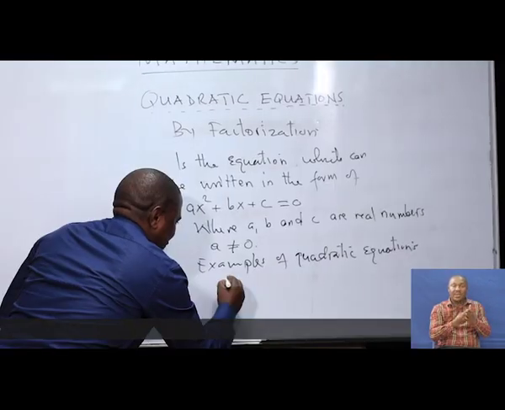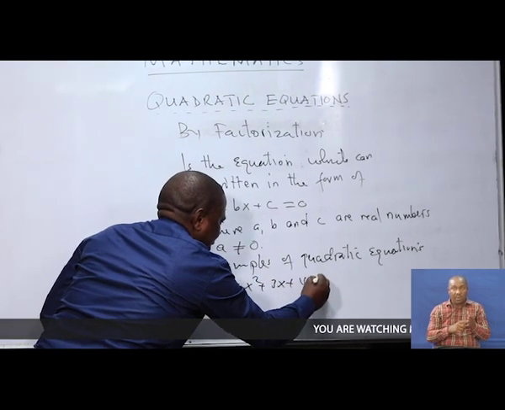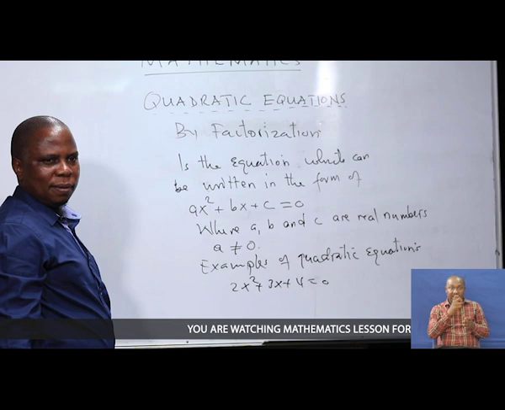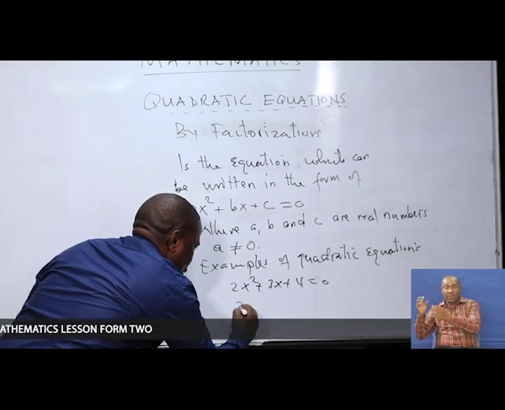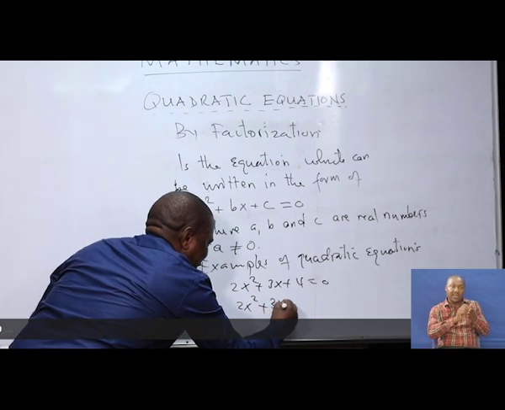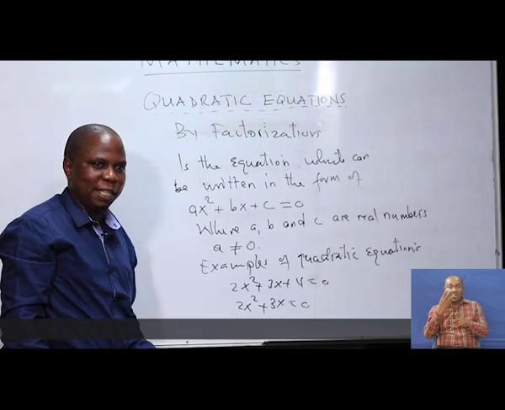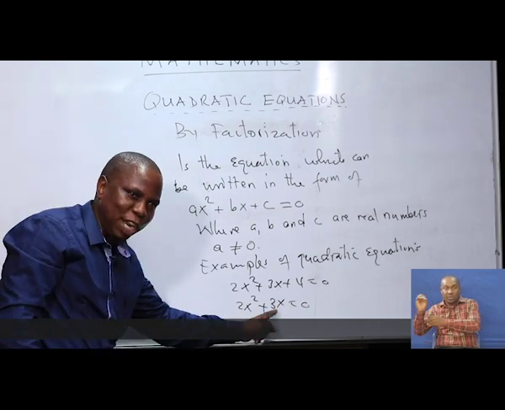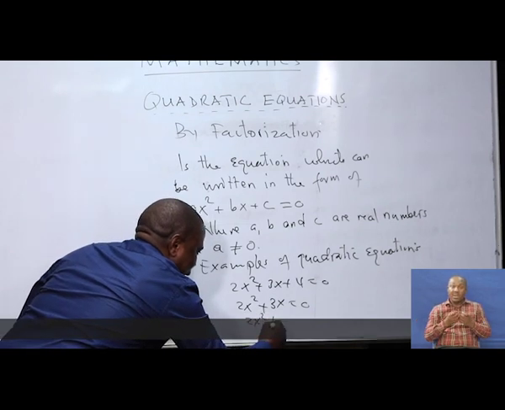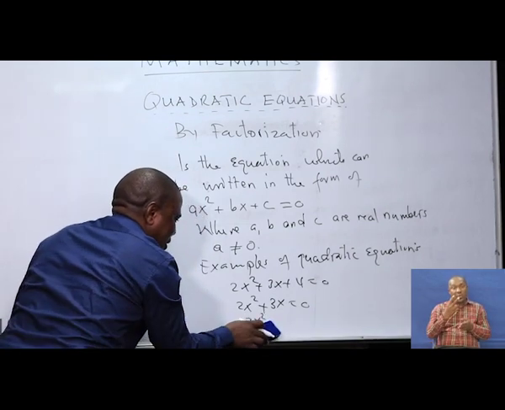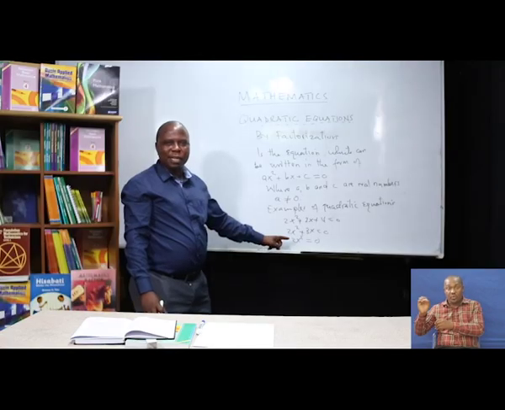So, if I take the equation 2x squared plus 3x plus 4, this is a quadratic equation. If I ignore the constant number and write 2x squared plus 3x is equal to 0, it is still a quadratic equation. If I again ignore the term with the x and write only 2x squared is equal to 0, this is still a quadratic equation.